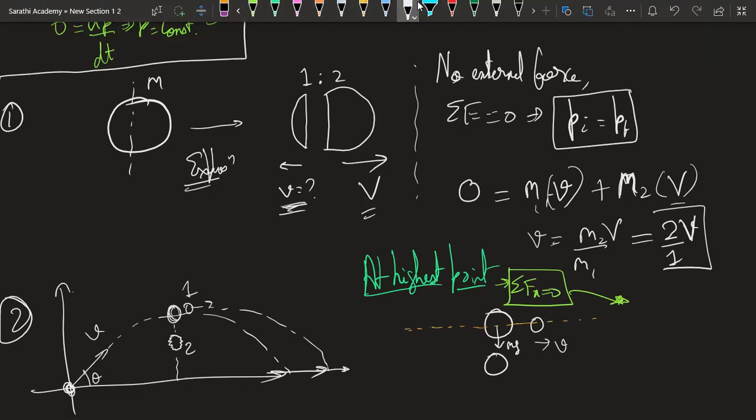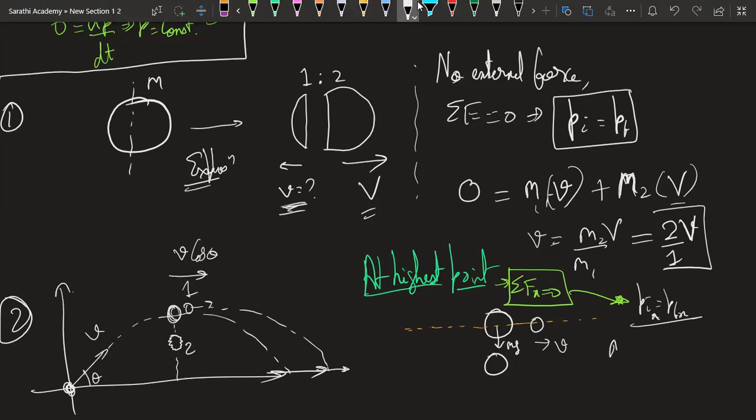So this velocity is v. So you solve the question. Initial momentum equals final momentum in the x direction. So in the x direction, initially the velocity of this mass here will be v cos theta. Only the cos component remains, the sine component is 0.